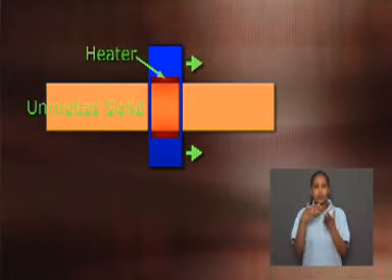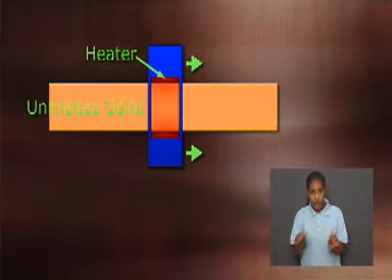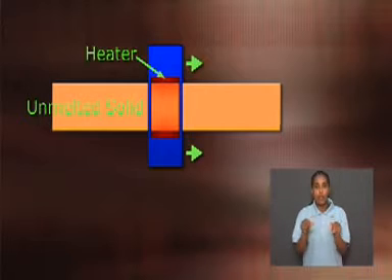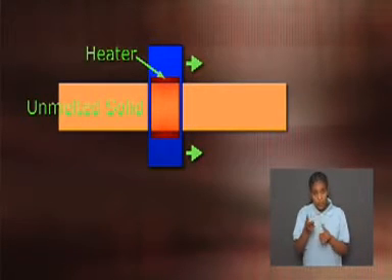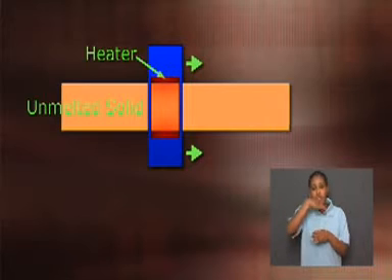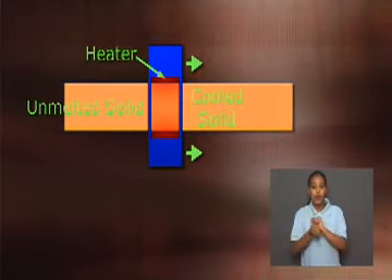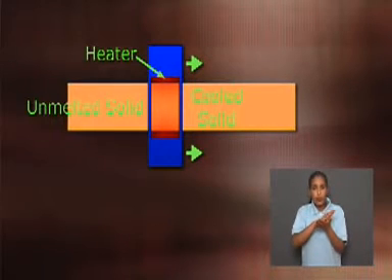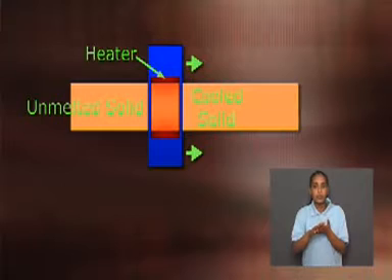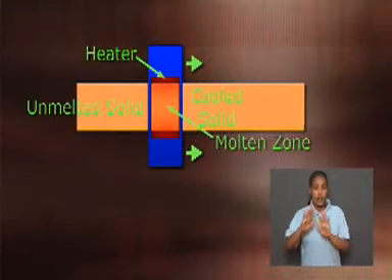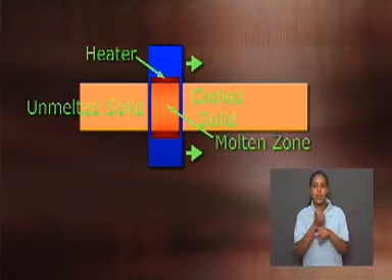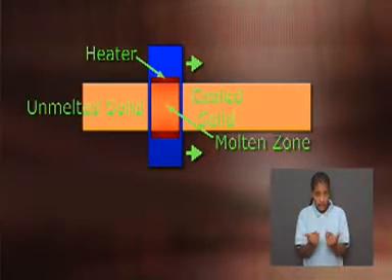Most of the impurities dissolve in this molten metal. As the metal rod comes back out from the heating coil, it cools and the pure metal crystallizes. Impurities are left in the molten metal portion that is still in the heating coil.